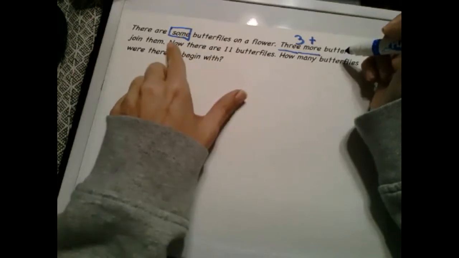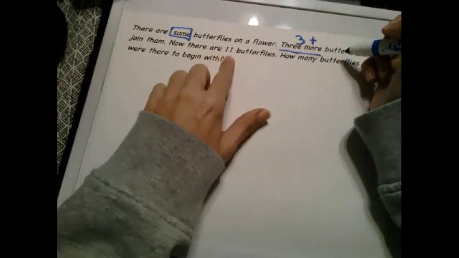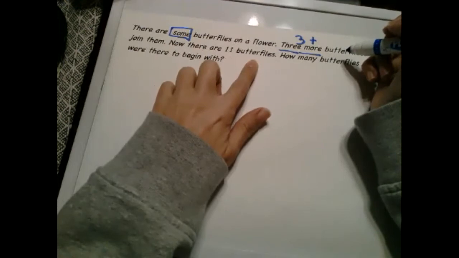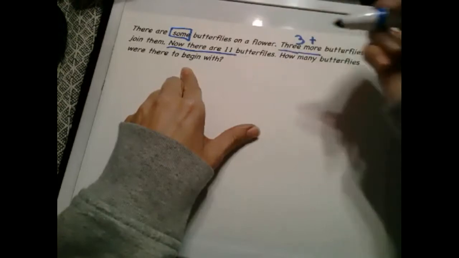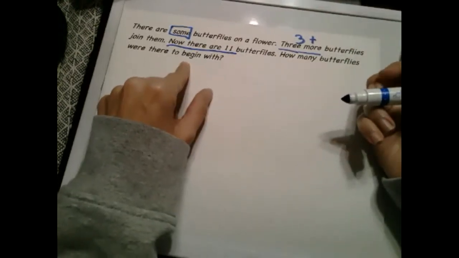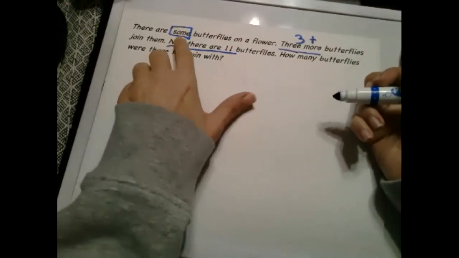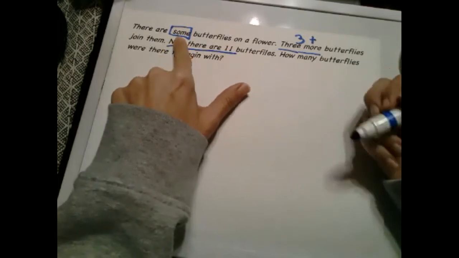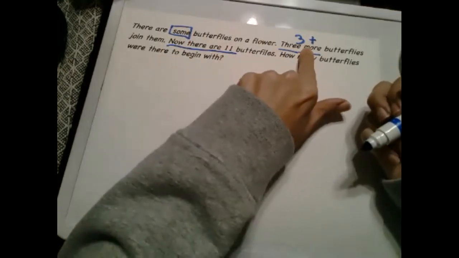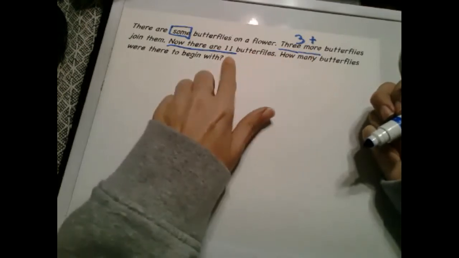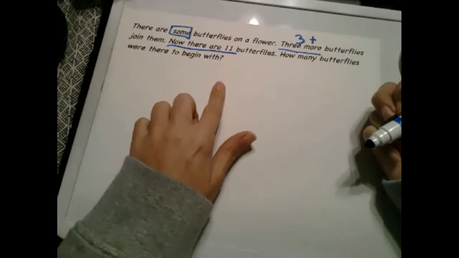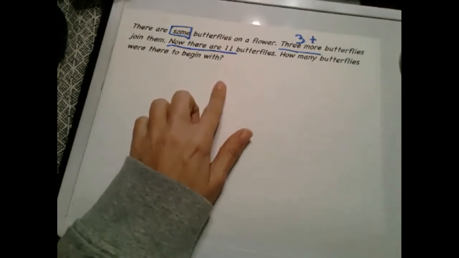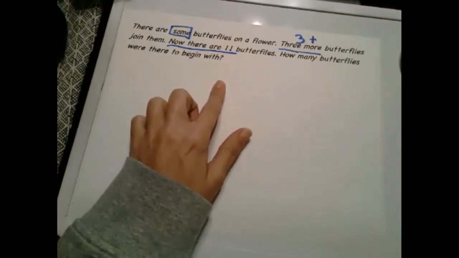It says now there are 11 butterflies. Now there are 11. So let's think about what this is saying. There were some butterflies, 3 more came, and now there are 11. What type of equation would you write to help you solve this? Take a minute and write an equation that would go with this problem.